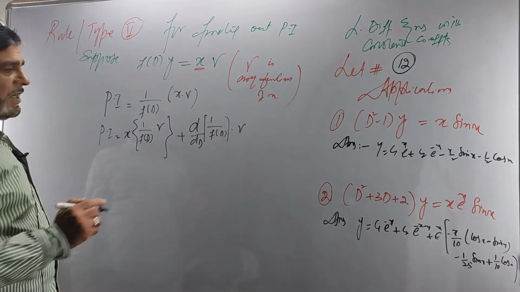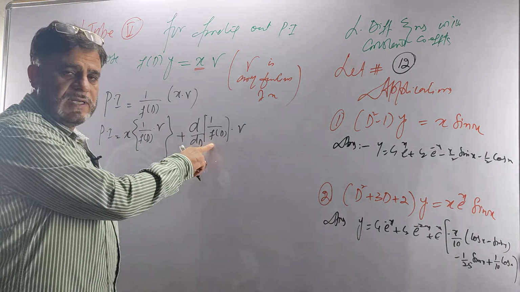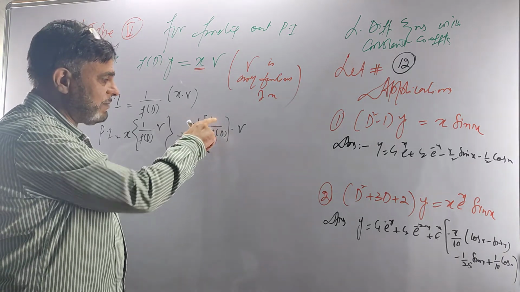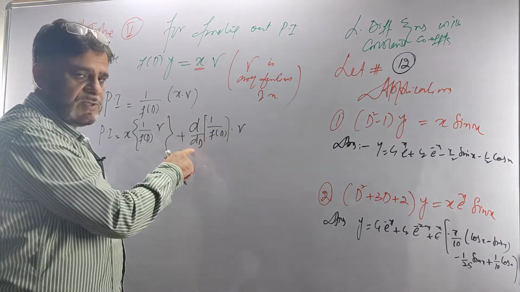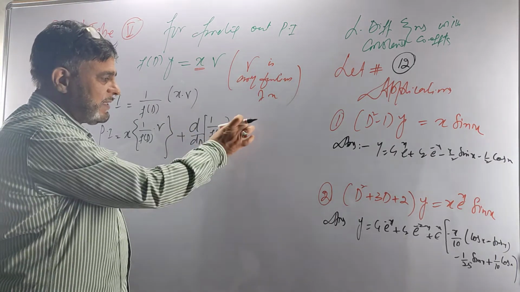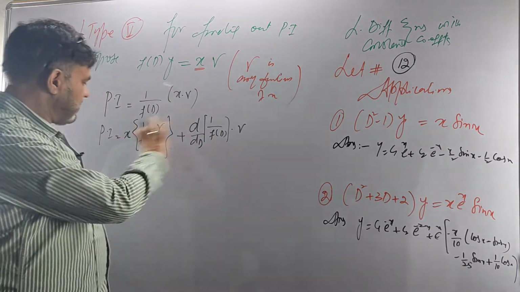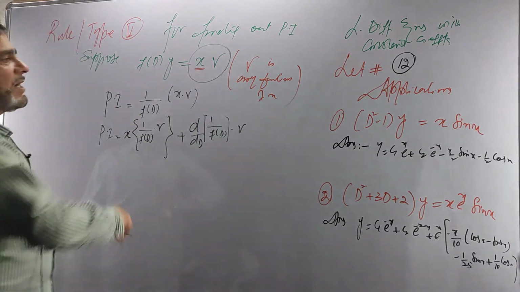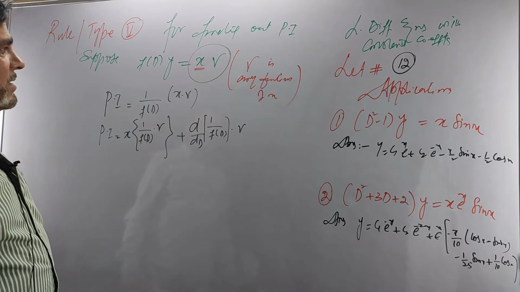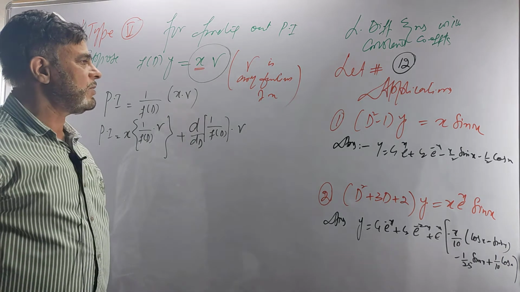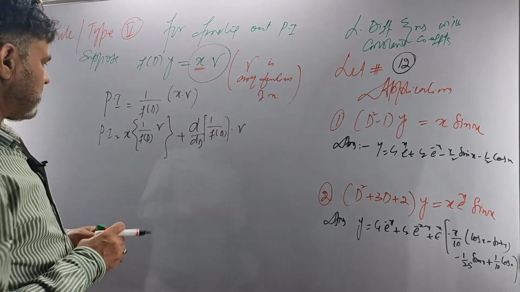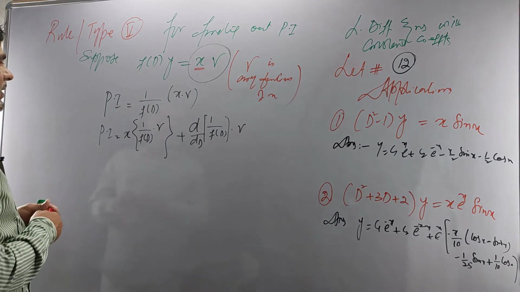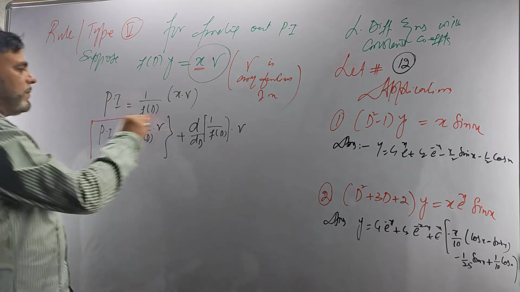When you differentiated only denominator, it is not the derivative of denominator only, it is here derivative of 1 by f(D) with respect to D. Whatever you get there, then you operate it with v. This is the particular integral in this case when you have the right side xv, where x is linear independent variable and v is any function of x. You will remember this rule. This is rule number 5th for finding out this particular integral.